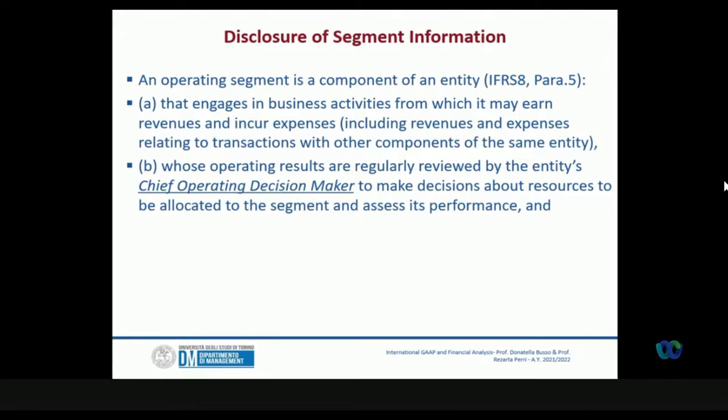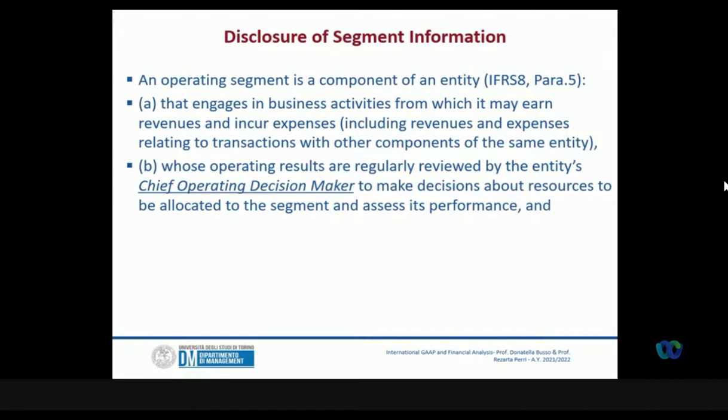Another feature is that the operating results of the operating segment are regularly reviewed by the entity's chief operating decision maker, so that this person or structure, the CODM, can make informed decisions about how to allocate resources to the segment, how to assess performance, and also allocate bonuses depending on the performance of various segments.